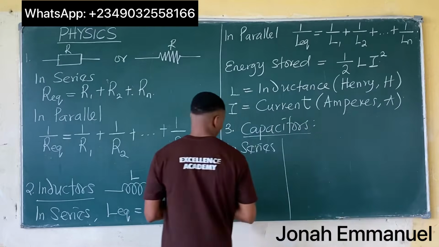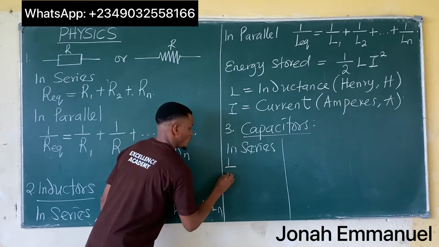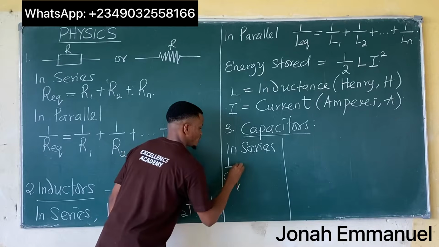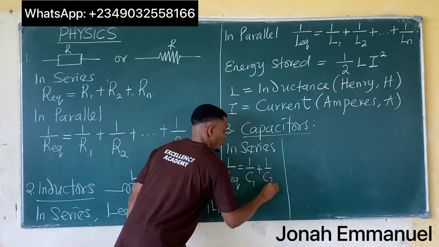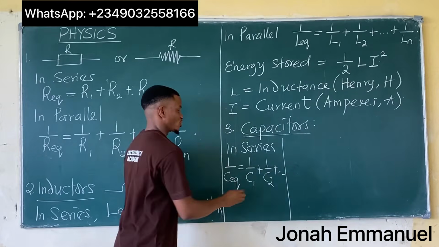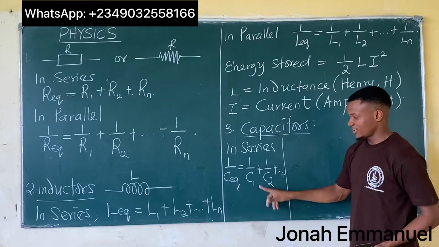So that means in series, the equivalent capacitance is given by 1 over Ceq is equal to 1 over C1 plus 1 over C2 plus continue. So when it comes to capacitors, to get the equivalent, I will take the inverse of it.